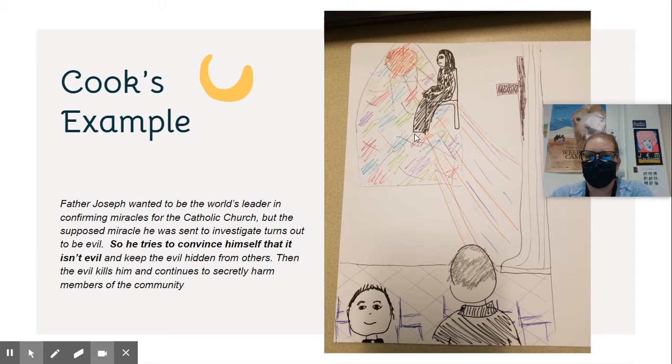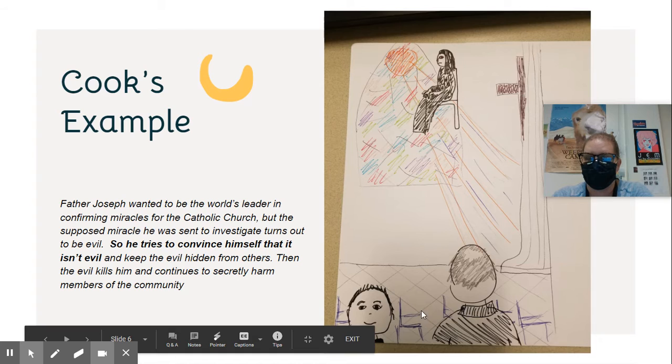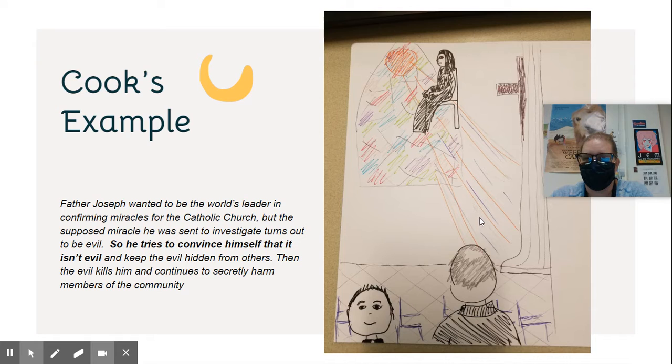And I thought about him maybe seeing something that the other priests didn't. So I kind of started with that same scene with the two priests down at the bottom on the ground in the cathedral and the nun up in the air. And then I thought about something happening to her or her doing something that would show maybe this is not a miracle.